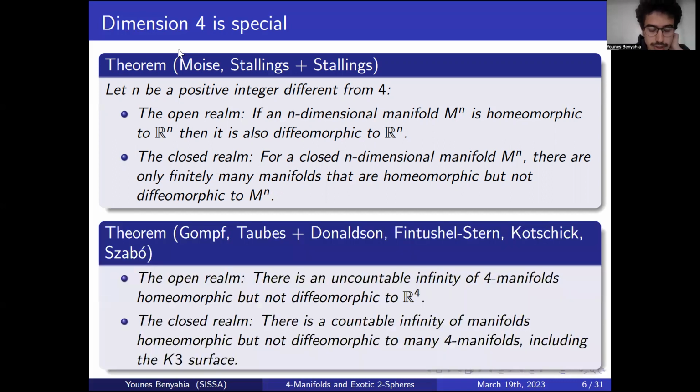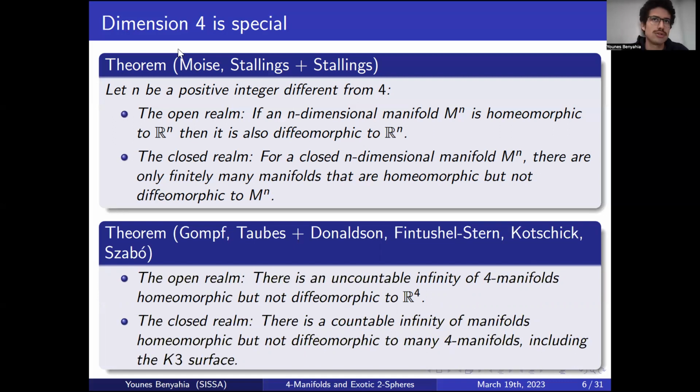And in contrast, we have in dimension 4 that there is an uncountable family of 4 manifolds, homeomorphic but not diffeomorphic to R4, as opposed to all other dimensions, where there's a unique one, which was a theorem by Gompf and Taubes. And among closed manifolds, we have many manifolds that each have infinitely many other manifolds homeomorphic but not diffeomorphic.